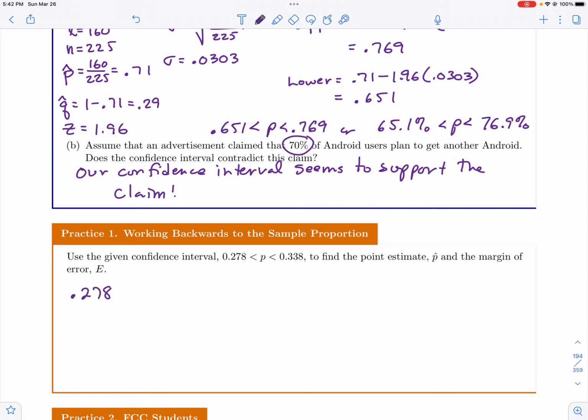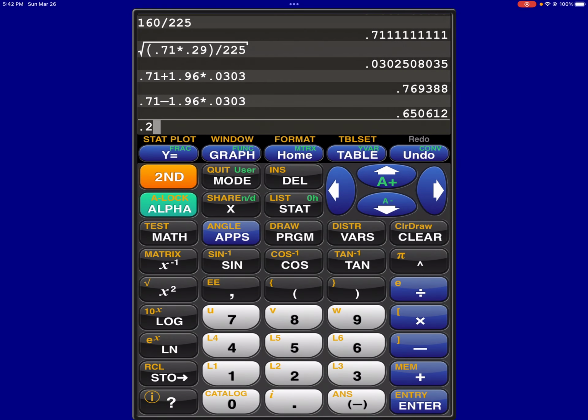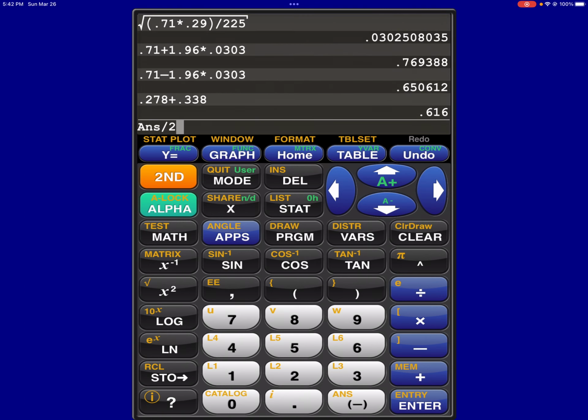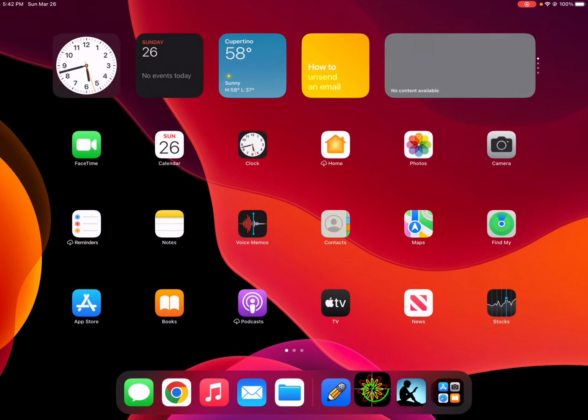So we took 0.278, added it to 0.338, and then divided by 2 to figure out what our point estimate would be. So let's do that first. That gives us 0.308, so our point estimate appears to be 30.8%.